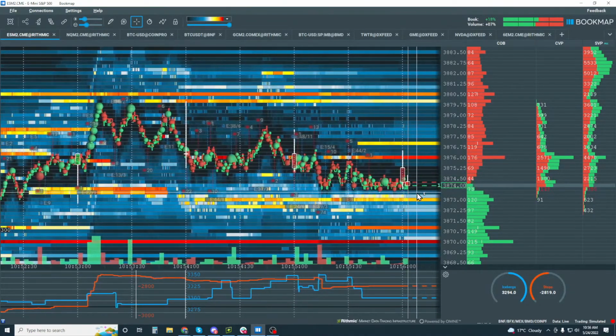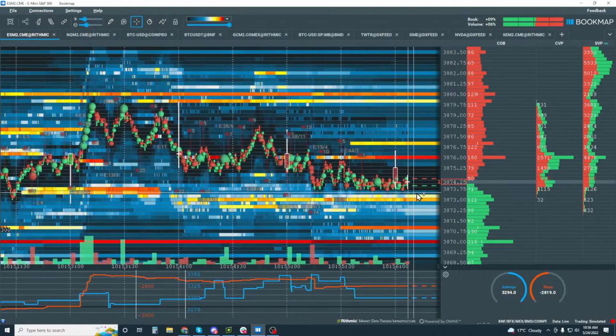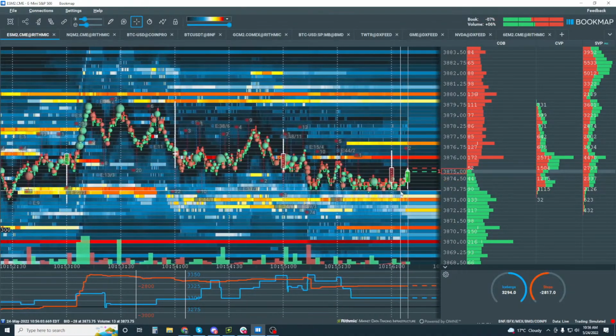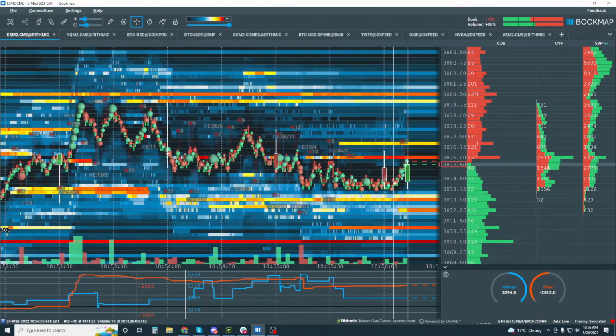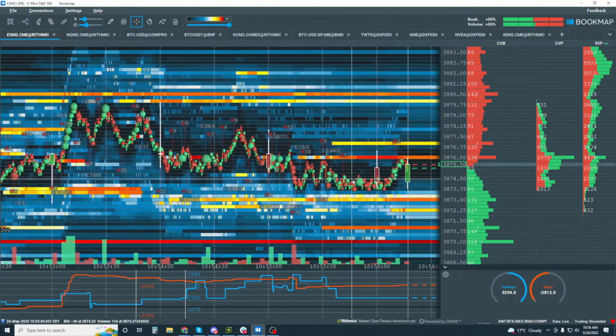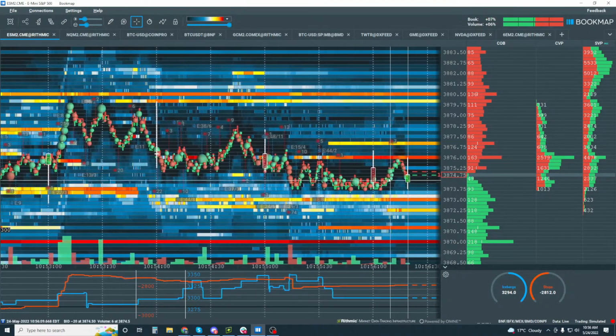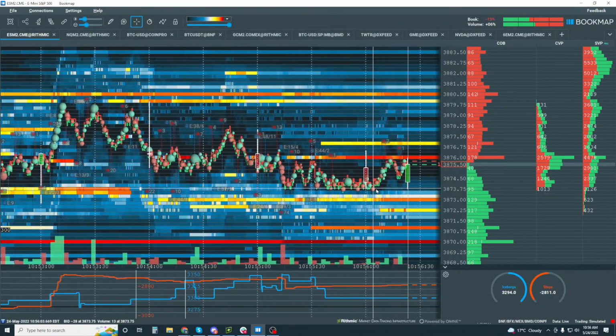All right, sellers, right here, we're looking for them. It's not much of a move here, but this is where we're looking for them. And they can't do it. They're not showing up. Okay, let's see another retest. Let's see if we can retest back down here at 73 3/4.